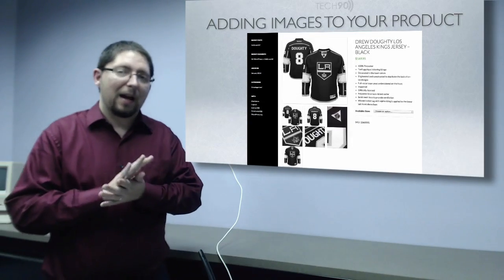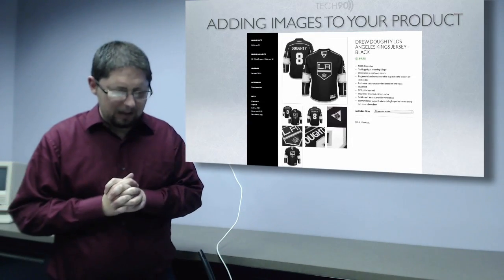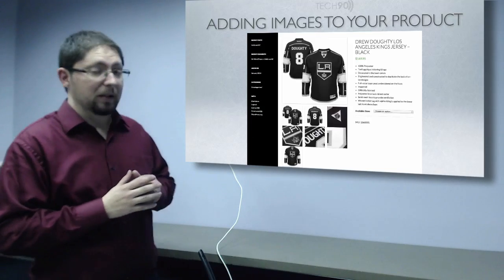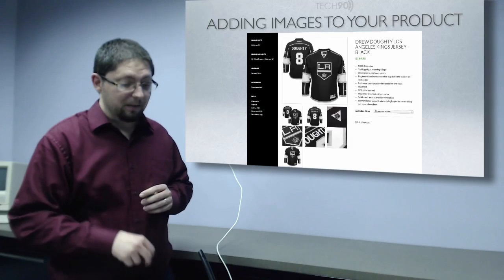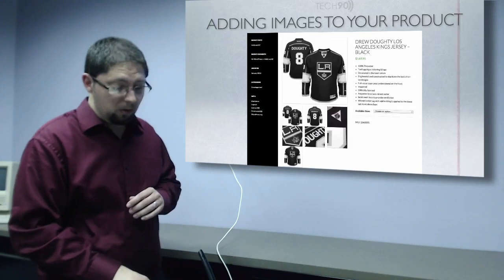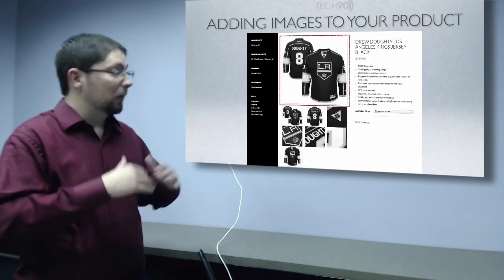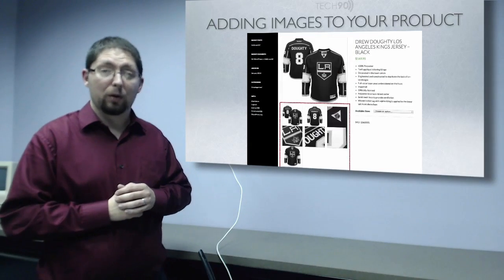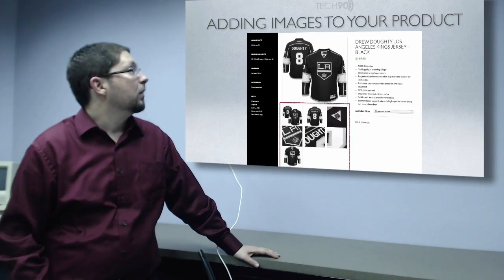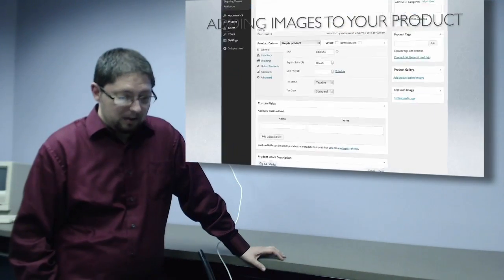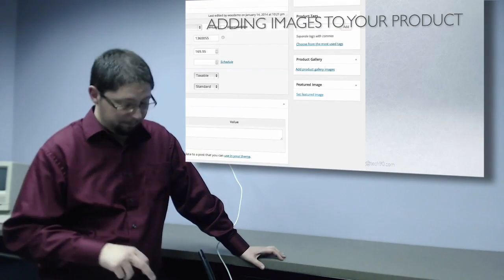So the last phase of adding a product listing is to add images of your product, because everybody likes a good-looking image. An image can be added as the featured image, or it can be part of the images below the featured image, which WooCommerce calls the gallery. Now, adding images is fairly straightforward.